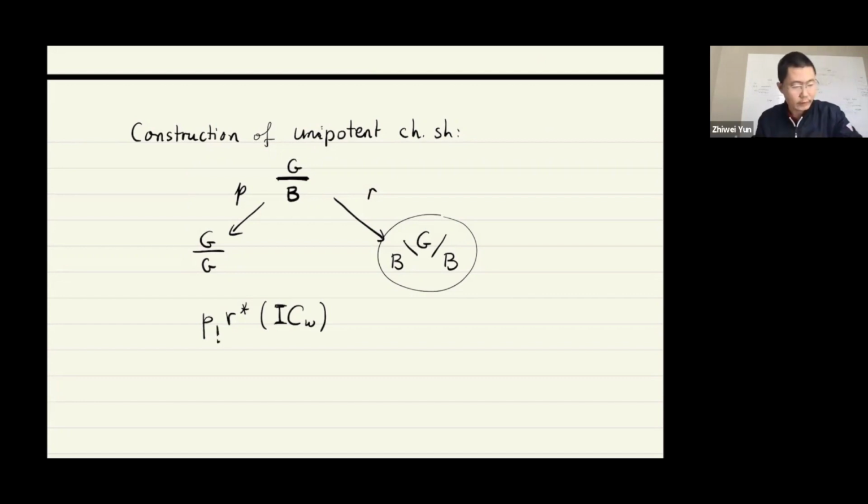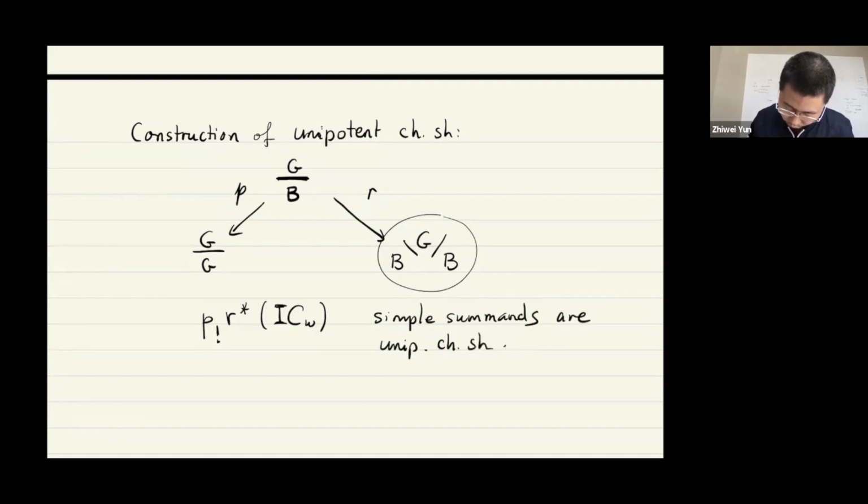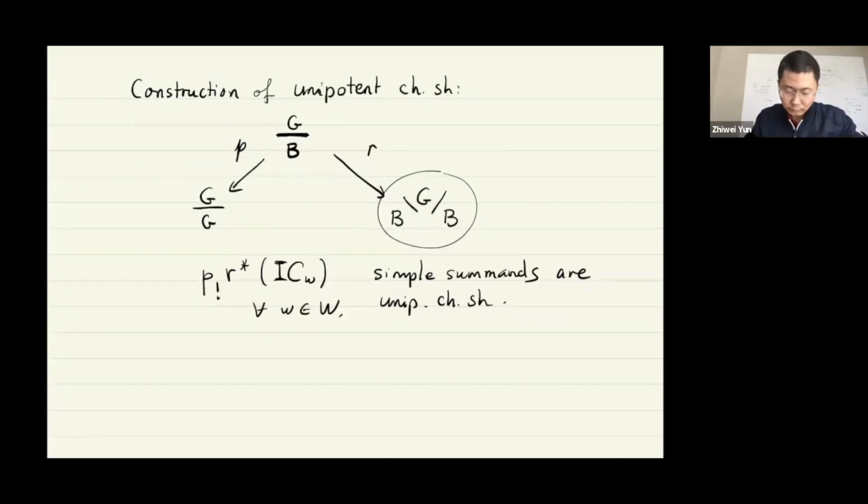This way you get a semisimple complex, a direct sum of shifted simple perverse sheaves, and the simple summands are defined to be unipotent character sheaves. You have to take all w in the Weyl group. So this is the kind of construction that we are trying to mimic.